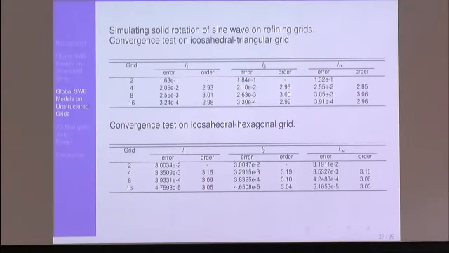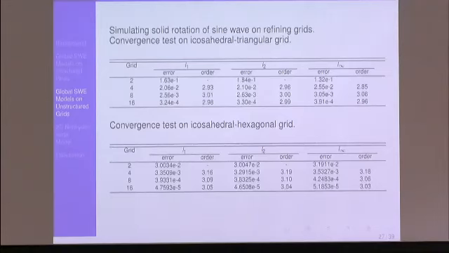Okay, here are the numerical results. First of all, we would like to test the convergence rate for both the diffraction equation and shallow water equation. For the diffraction equation, we still use a smooth sine wave in spherical geometry. There are 2 tables.